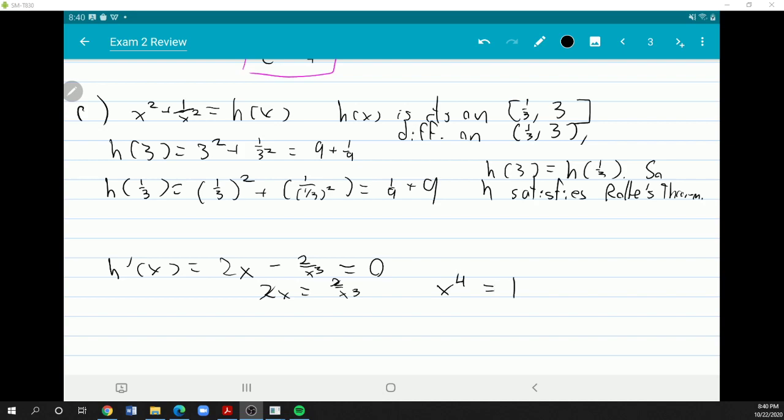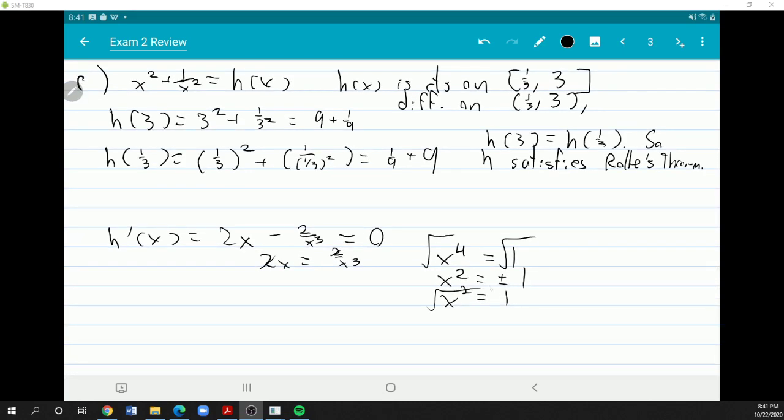X to the 4th is equal to 1, which says take a square root. X squared is equal to plus or minus 1, but we don't have minus 1 as an option because it's not in the interval. And then take a square root again, use the same logic, get x equals only plus 1. So that's your final answer. And that is using Rolle's theorem.